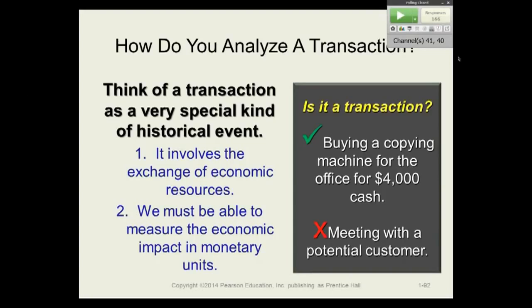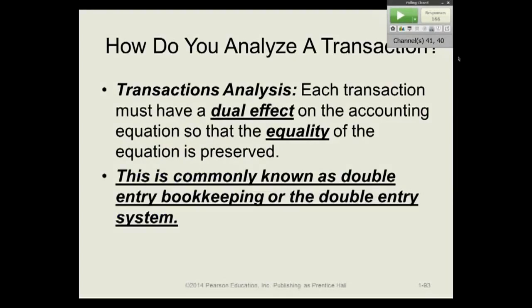Now, going back to those little concepts we had last week, the monetary unit assumption, these are going to be events that are measured in these monetary units. Now, one of the things we'll find out with the transactions analysis, which I think we implied last week, is that we have double entry bookkeeping.